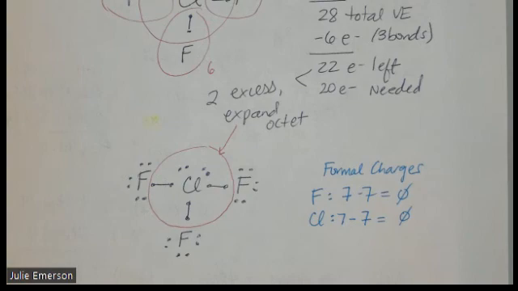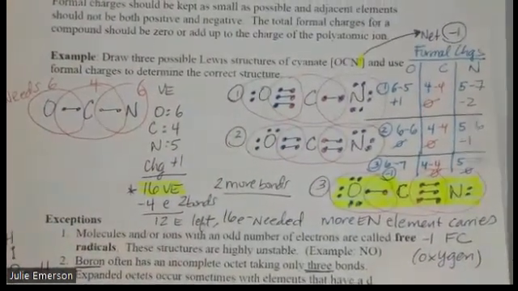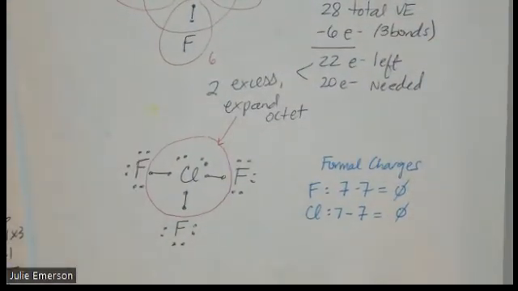What's peculiar though about this structure is that we had to expand the octet. So when we think about what we learned in intro, everything was about the octet rule, and we didn't worry about formal charges. Now we worry about formal charges to either A, help us pick the correct structure, given 3 possibilities, right? That was the first thing we did. Or B, if we're saying, okay, well, I've got extra electrons here, where should I put them? Well, it made sense.